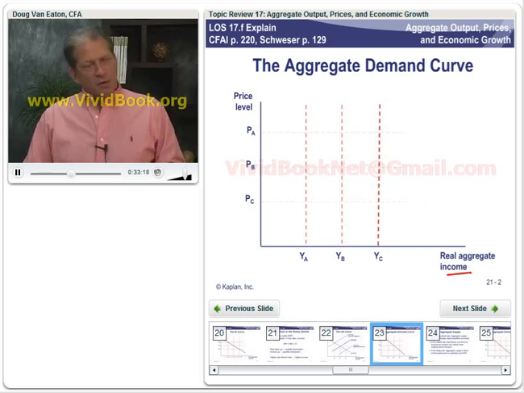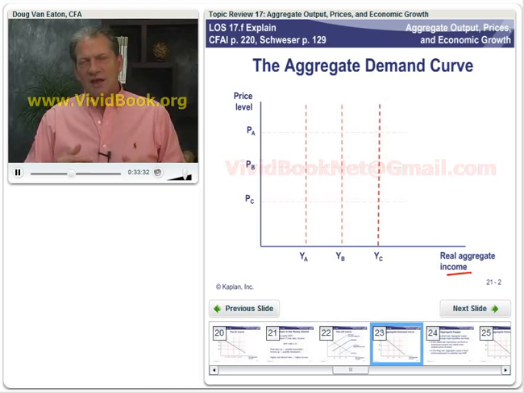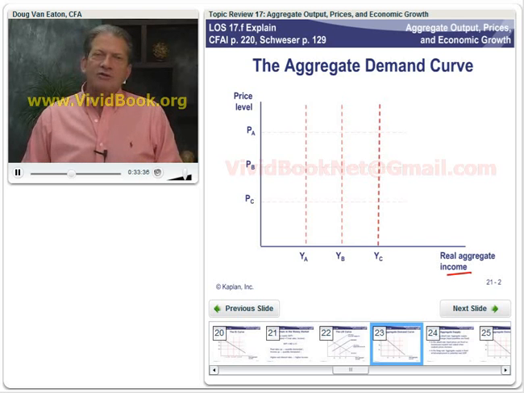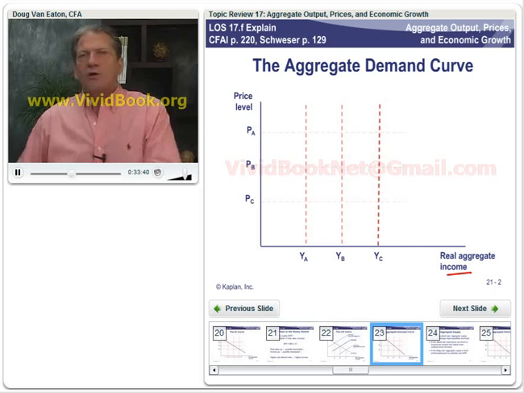Another way to say that is we kept the nominal money supply constant when we drew the LM curve, and then as we varied the price level, nominal money supply stayed the same, but prices up, real money supply down, prices down, real money supply up. That's how we got our aggregate demand curve.